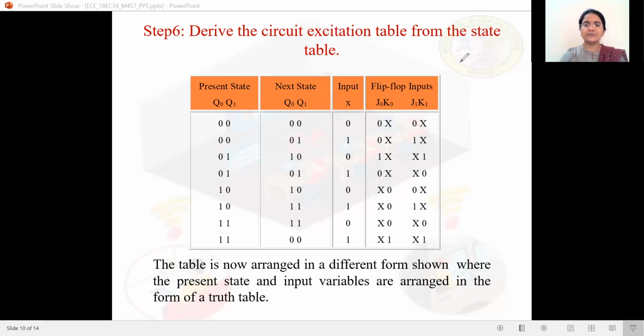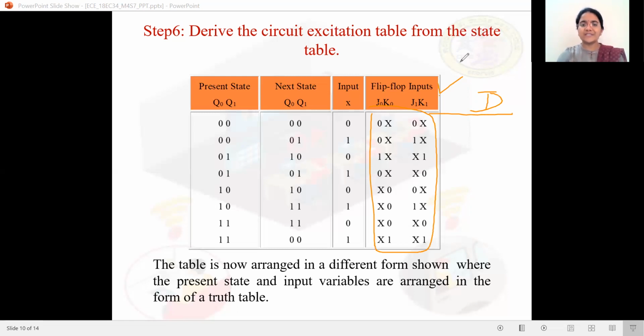So we have to remember that. Depending on the flip-flops that we are considering, this flip-flop input section will differ. If it is JK, we have this. If it is a D flip-flop, no need of considering another section here for flip-flop inputs. Whatever the next state is, that will be our D input.